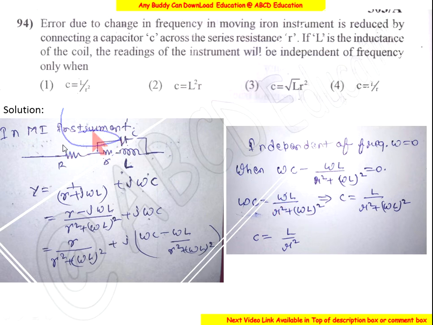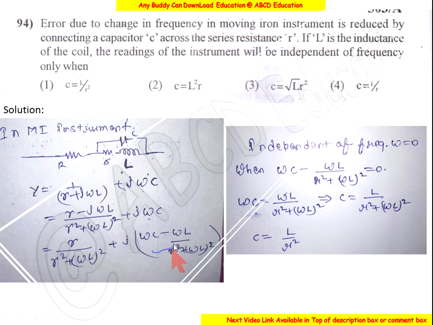In the MI instrument, this is the branch in which we use a capacitor, in parallel with the R and L. Then we find the admittance of this branch. Now separate the real and imaginary parts.